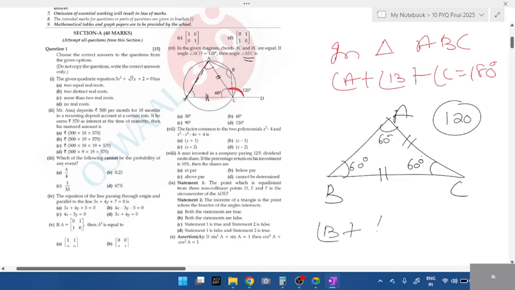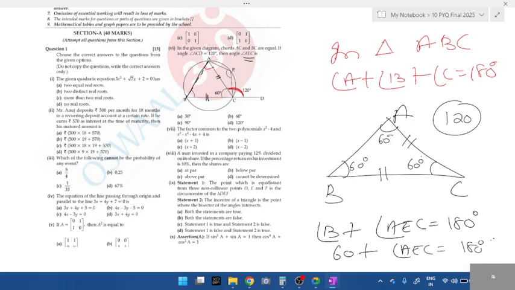Angle B plus angle AEC will be equal to 180, right? Angle B we got 60. What is angle AEC, students? 120 degrees.